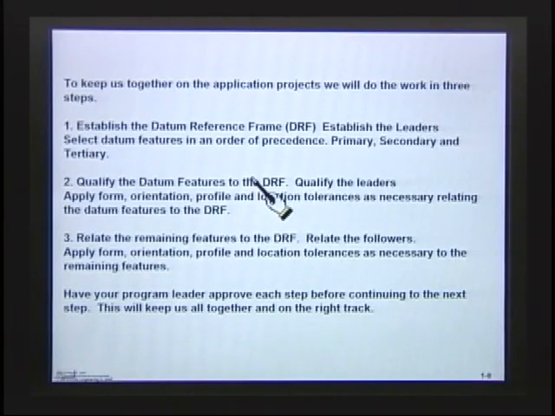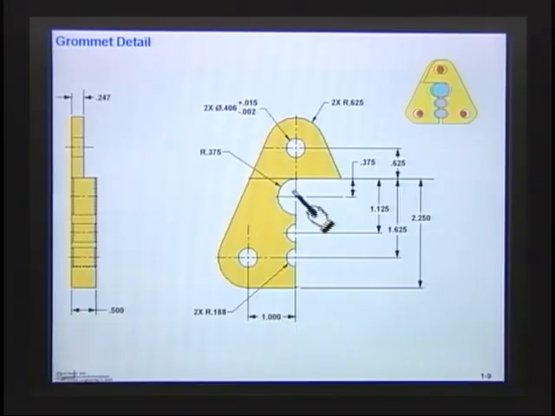Now, on this part, I'm going to give you a few minutes. You take a look at that assembly again. An ideal thing would be for some of you to go into work groups, maybe 3 or 4 of you, and look at this assembly. Talk about how it fits, how it works, how it goes together, and then based on what you know about how this part works, apply the datums.